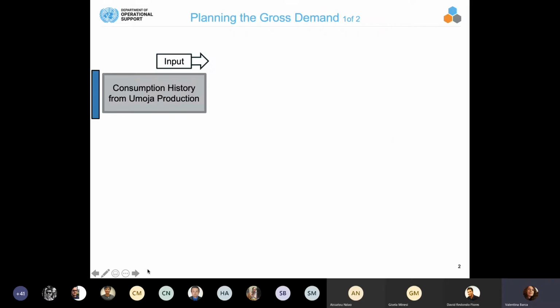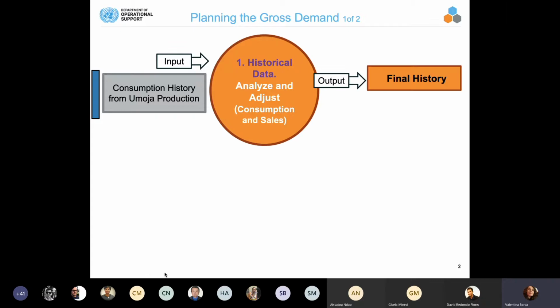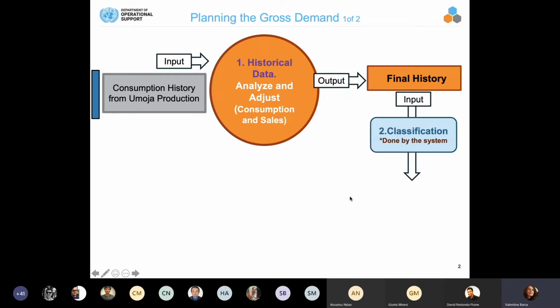Now, again, we're just going very quickly through this process. We know that the consumption history comes from Umoja production, and is analyzed and adjusted by the planner during the historical data process. The final history is classified by the classification, which looks at the data input, the time series.